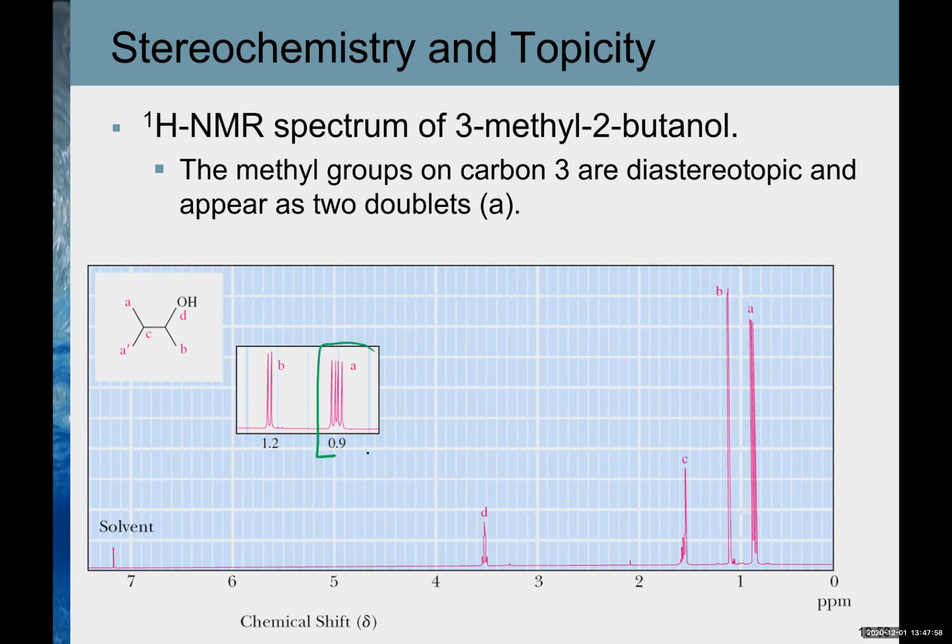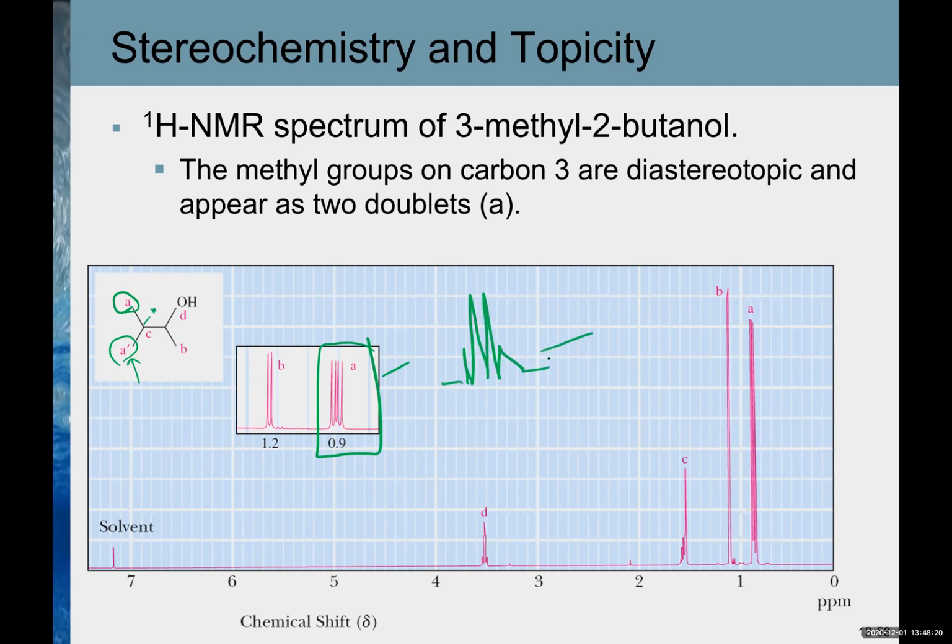The signal from A is a doublet because at C there is one proton. A prime is also a doublet, and they appear close to each other. That's why it looks like a quartet signal, but it's not a real quartet, because a real quartet has to look something like that.